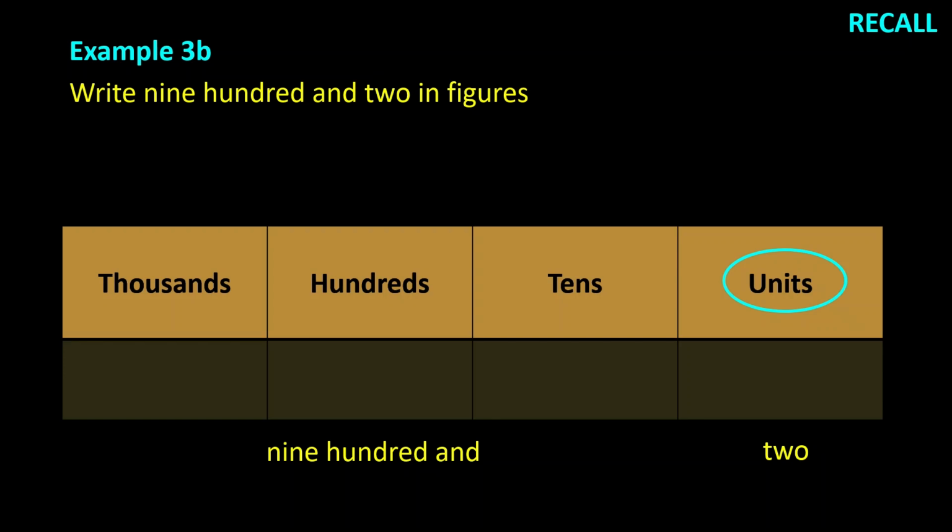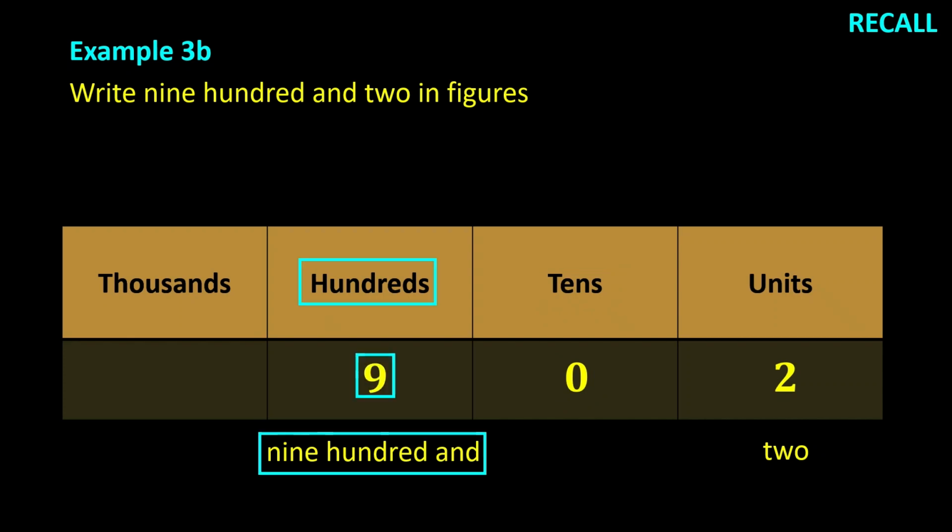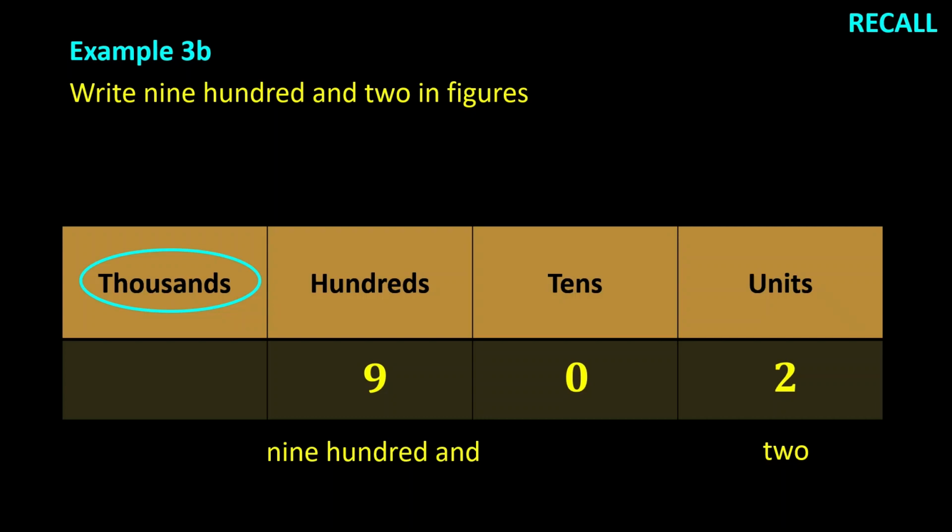So let's put 2 in the units column, 0 in the tens column, and 9 in the hundreds column. Since there are no thousands, we put nothing in the thousands column to give us 902, representing 902.